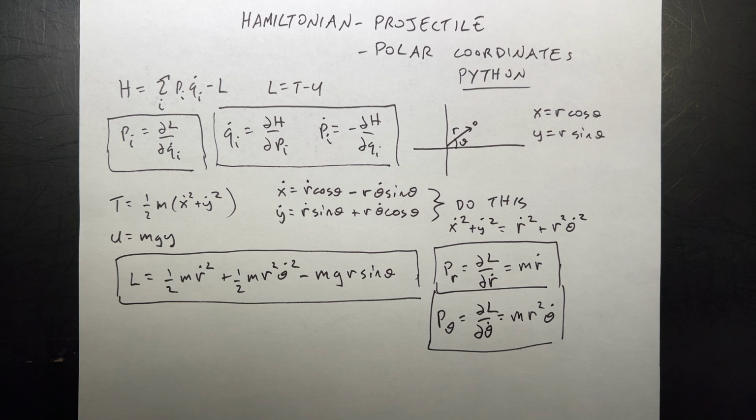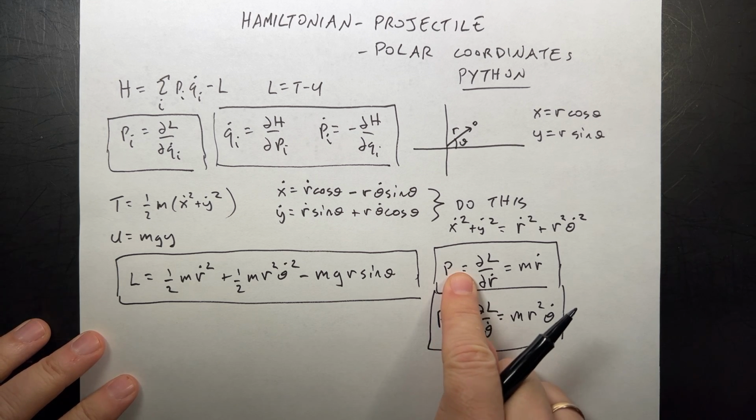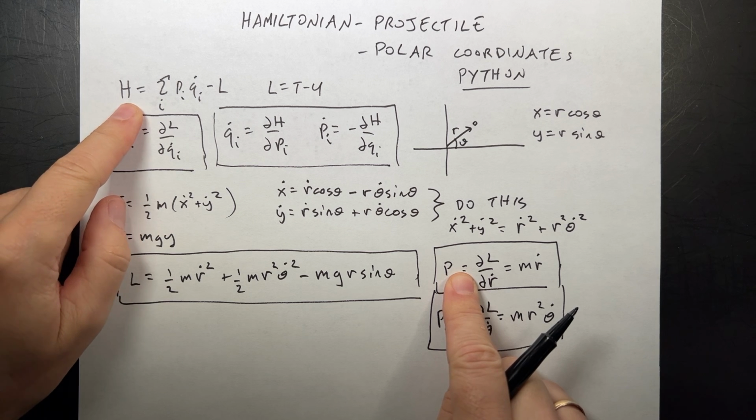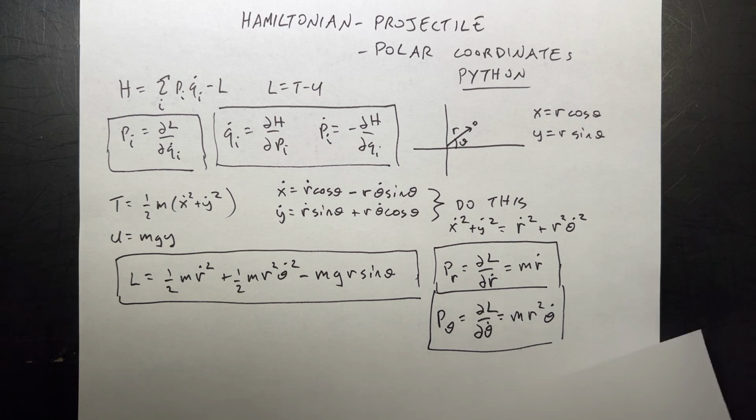Okay, so next, what can I do? Now I have p theta and p r. I can write down the Hamiltonian. I'm going to write it down in a non-standard form, and then we'll fix it.